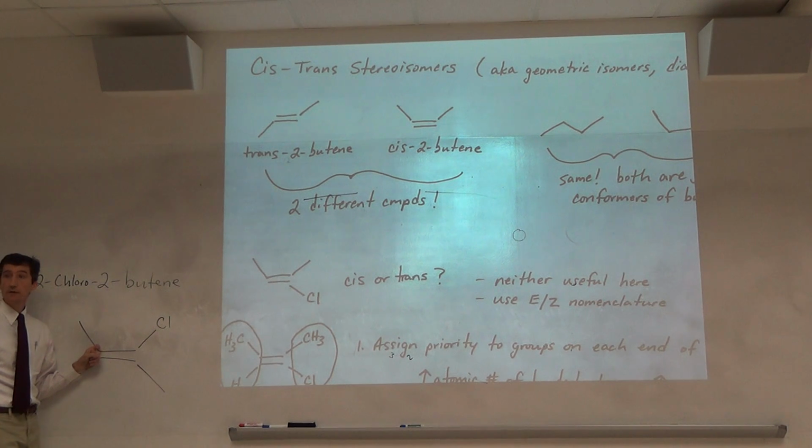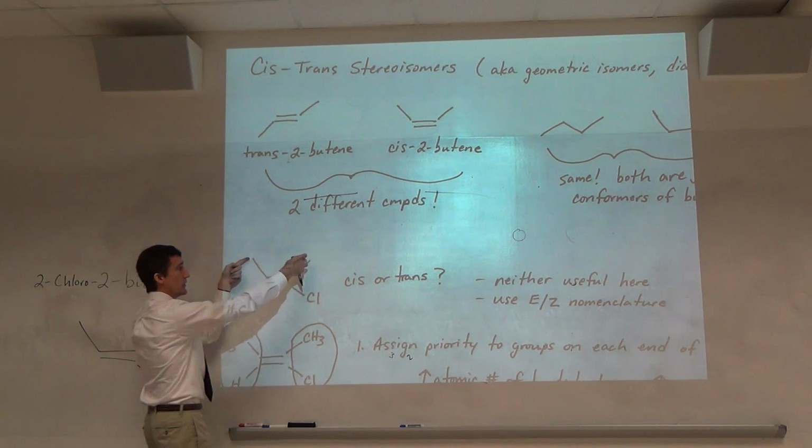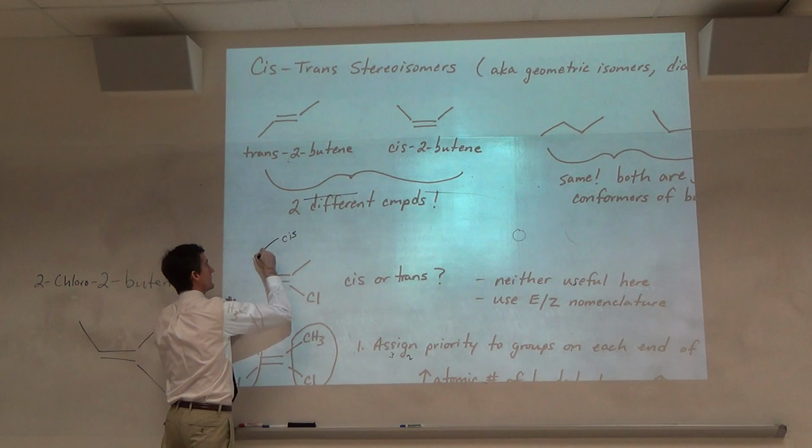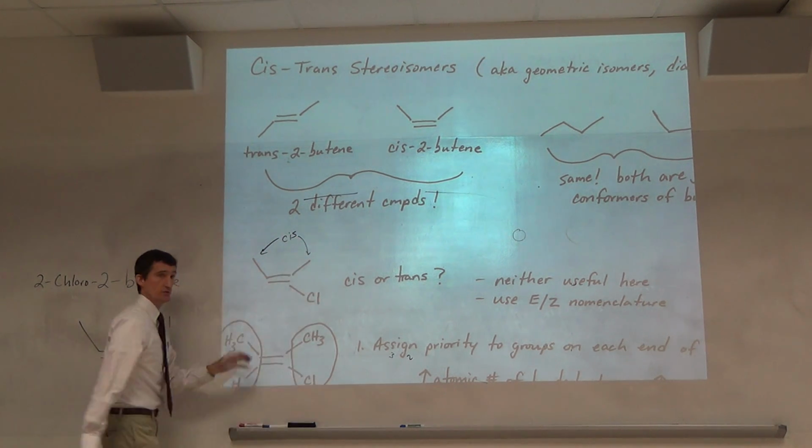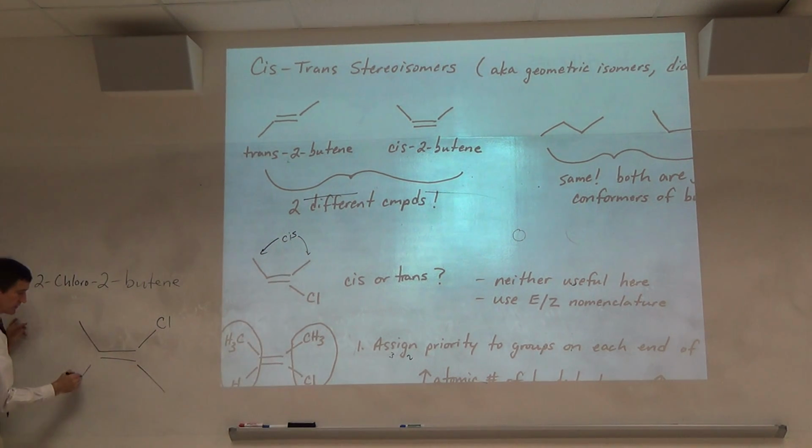These are different. Here, the two methyls are cis, and here they're trans. Can this rotate and become cis? No. They're two different compounds. They're stuck that way. They're both 2-chloro-2-butene.